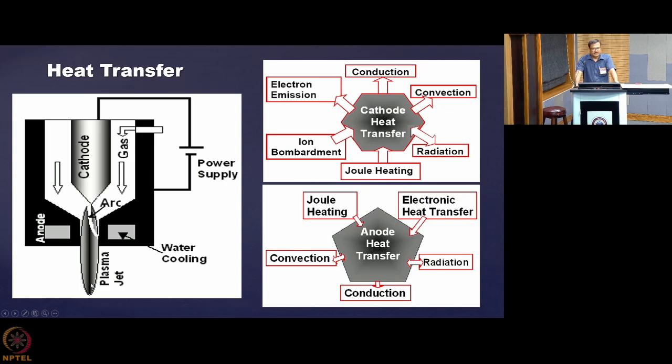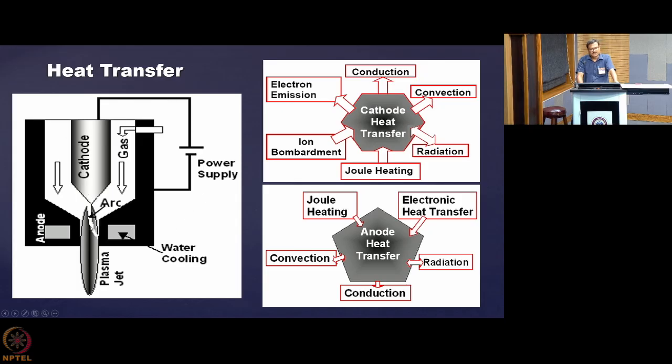Now, coming to the electrothermal efficiency, how is it defined? It is defined in terms of the total electrical power input that you get, by multiplying the arc voltage by the current that is flowing.